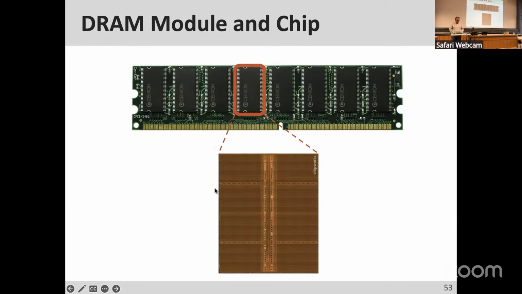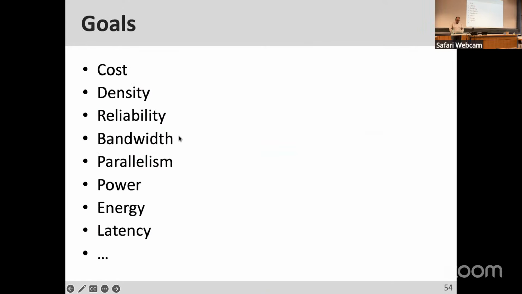Here is a picture of this DRAM chip, and there are different goals you need to optimize for: cost, density, reliability, bandwidth, parallelism, power, energy, latency. Clearly, manufacturers try to optimize mostly for density and cost. They are now also looking at reliability a bit. They tried to ignore the problem for a long time, but now they are also focusing on it and writing papers on that as well.